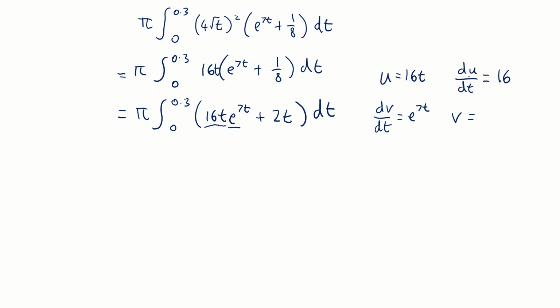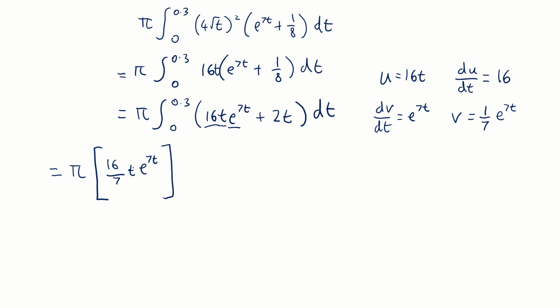So, yes, differentiate the u. The v, dv over dt, needs to be integrated to get v. So therefore, that'll be 1/7 e to the 7t. And therefore, integration by parts says that we'd end up with the u times the v, which would be 16 over 7 t e to the 7t.